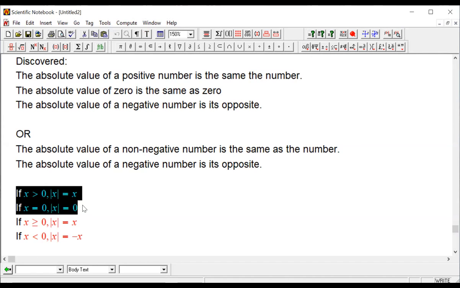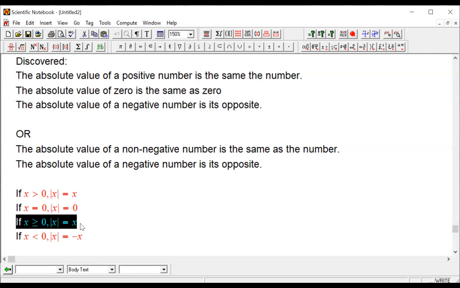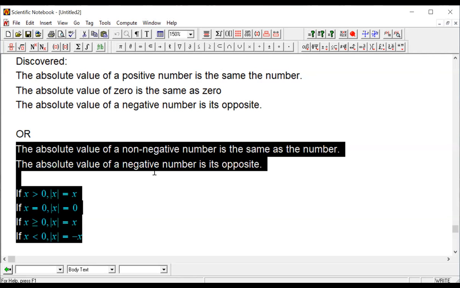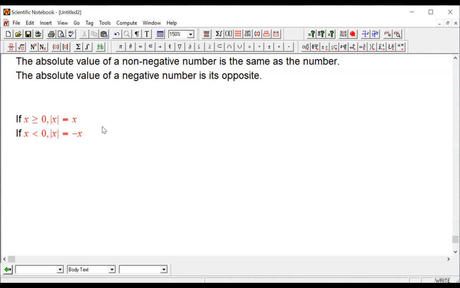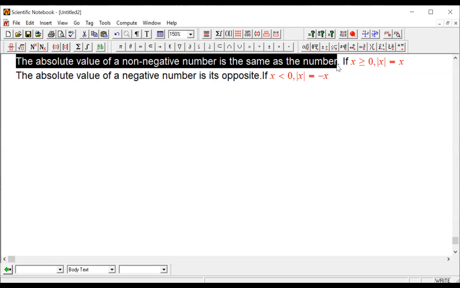So these two are combined into one. Now let's organize our work. This piece is a summary, a shorthand notation, and that piece is to say that. Make sure you understand these two sentences.